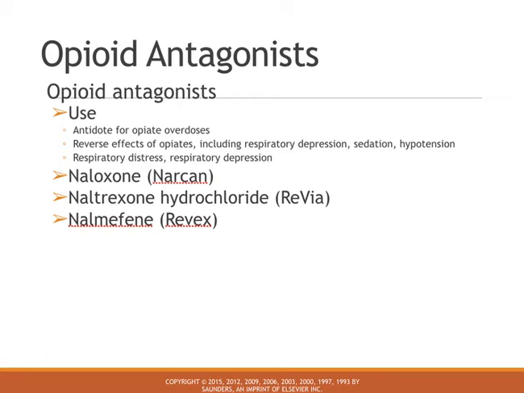Okay, then we've got opioid antagonists, which you should see the first one listed there as familiar because I've mentioned it. That's the reversal agent for opioid overdose. That's Narcan, naloxone. We use that to reverse respiratory depression, sedation, etc. These are the antidotes for overdoses of any opioid.